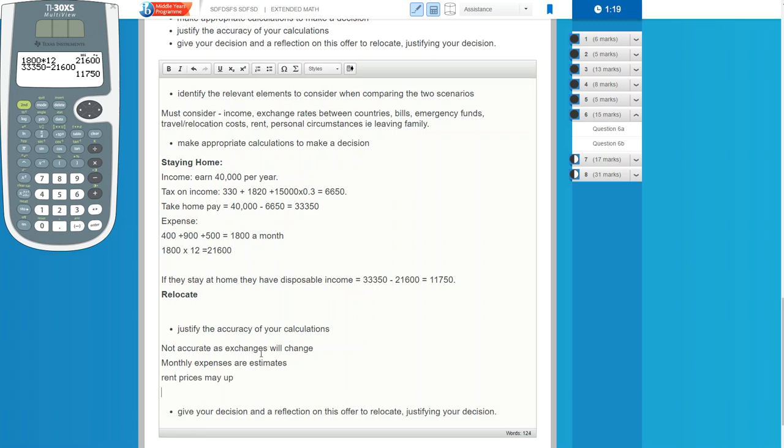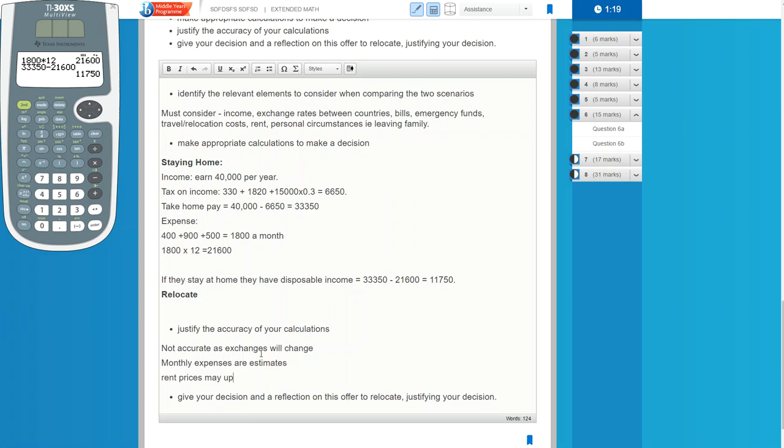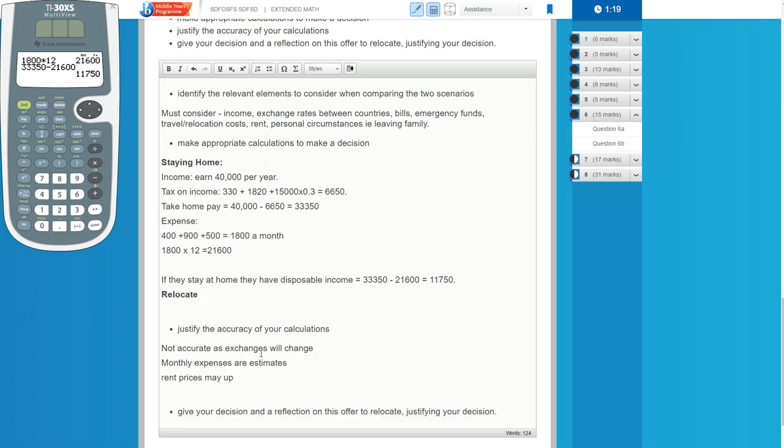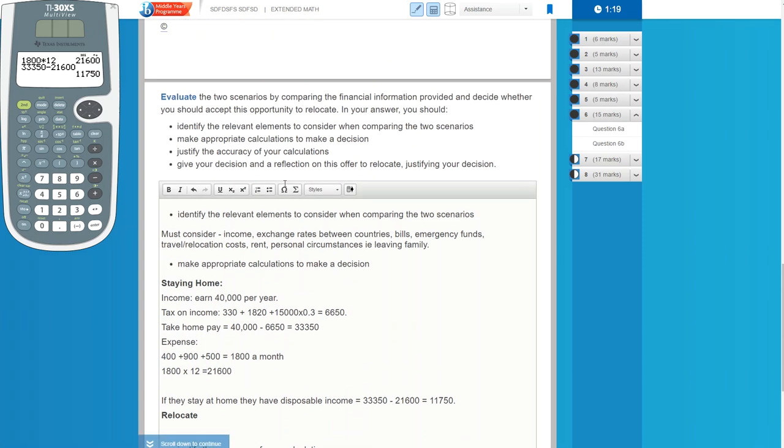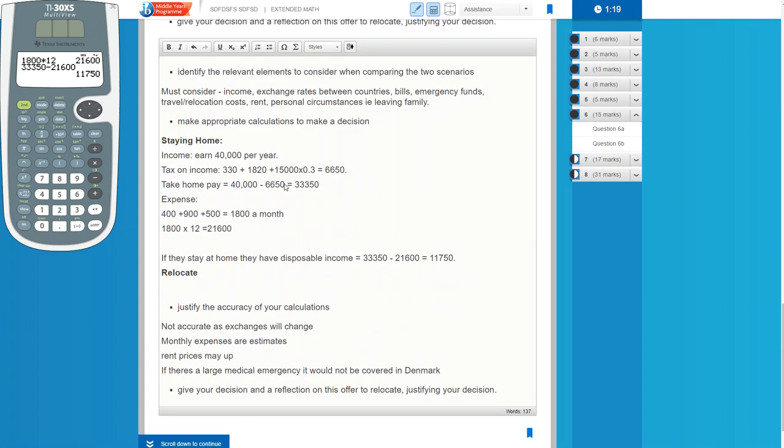And then also medical fees, like if there was a large emergency, because it's life, things happen. If there's a large medical emergency, it would not be covered in Denmark. Okay? I think it was.